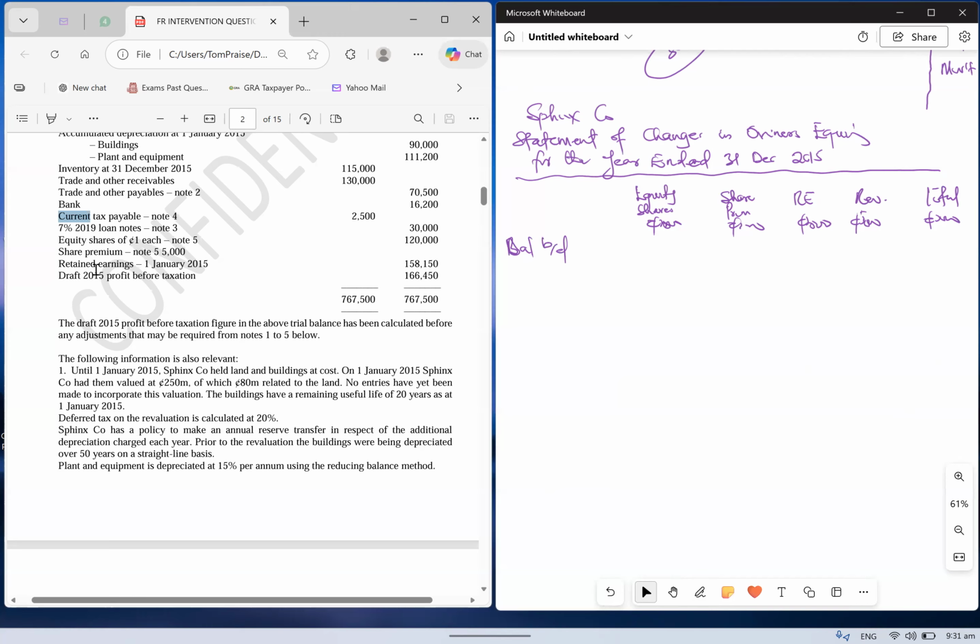The likely standard item. So that is that. But the retained earnings, you have the balance brought down, which is 158,150. The revaluation, there was no balance. Share premium, what we have there is 5,000. That is what we have.